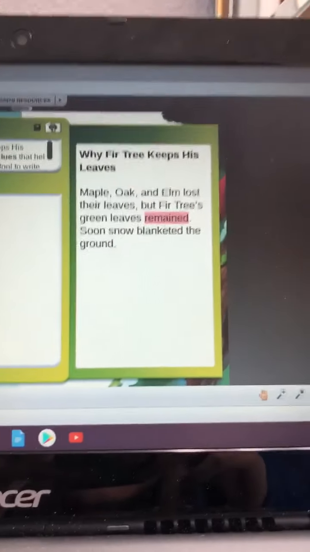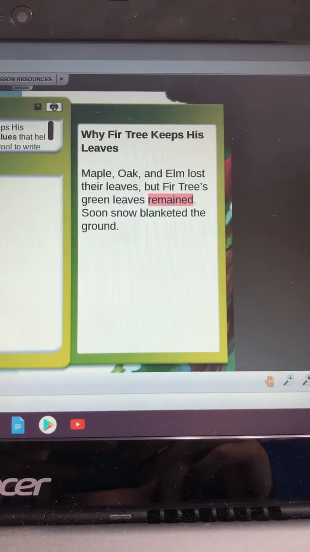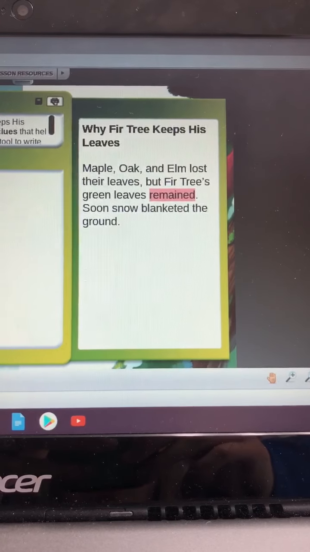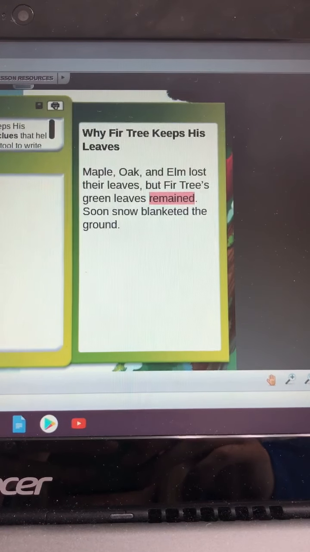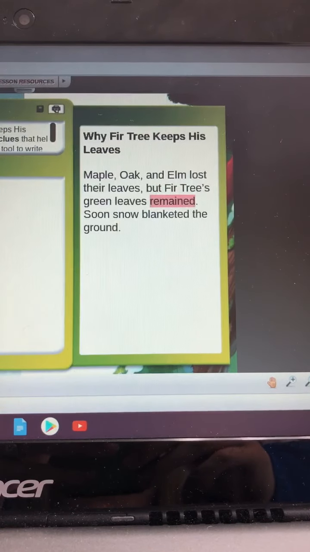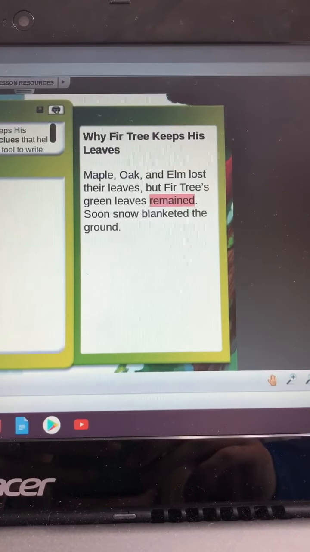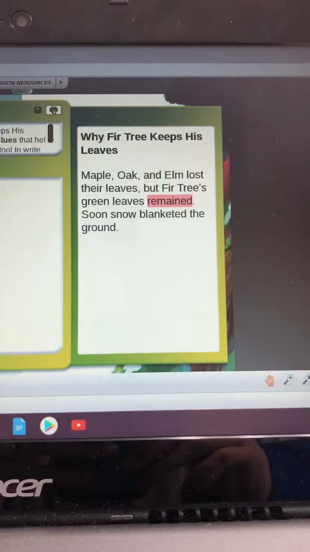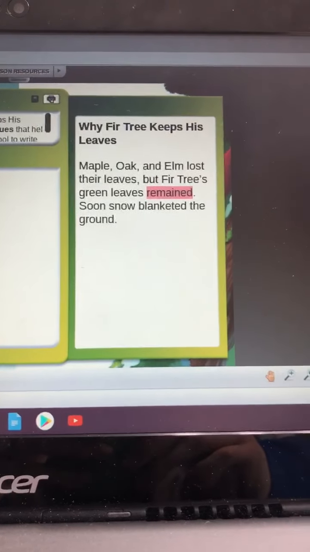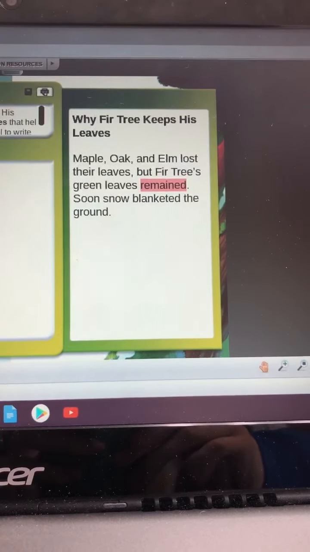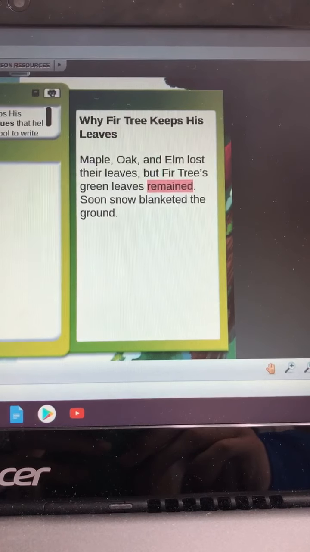We're going to do one more example and then our video is already over for the day. Maple, oak, and elm lost their leaves, but fir tree's green leaves remained. Soon snow blanketed the ground. What would remained mean? I want to go back and reread my sentence. Maple, oak, and elm lost their leaves.